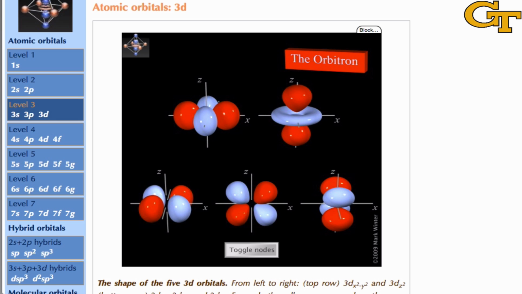For the 3d orbitals, we again have these lobes that are regions where there's a high probability of finding the electron, and outside of which that probability is low. And as before, where you see different colors, think of different signs of the wave function. Is it positive or negative? Red and blue or vice versa tells you whether that's the case.